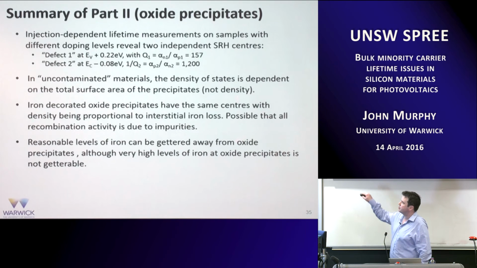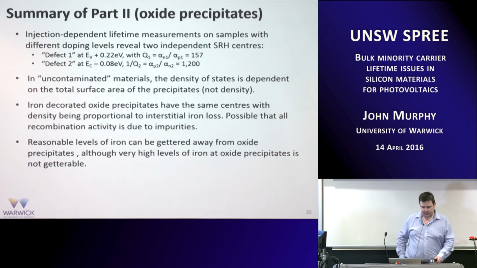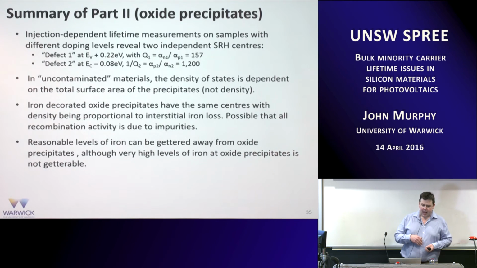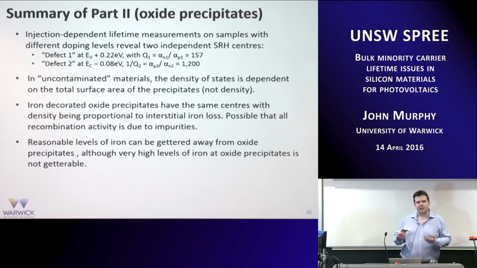We can write down parameters which will model the lifetime in oxide precipitate containing silicon. We understand N and P type. We understand the role of extended defects, the role of metal impurities. It looks like we can get iron away to most extents from oxide precipitates, and so we've got a good understanding of that system now.